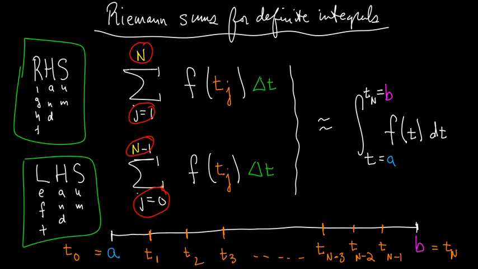Okay, and the explanation for this is very simple. Whenever you compute a definite integral, you're always going to be given an interval with two endpoints. In this case, let's say a and b. If you call a, which is the leftmost endpoint, t0, and b, the rightmost endpoint, t sub n, then you can make n equal subintervals in between them. So out of that big interval, you can make n smaller ones.